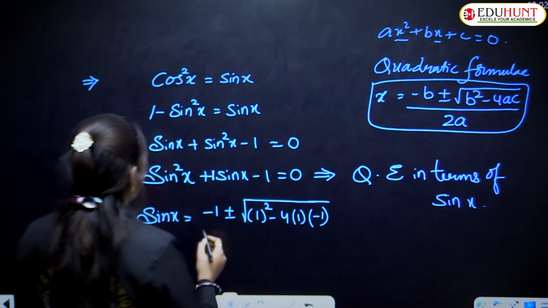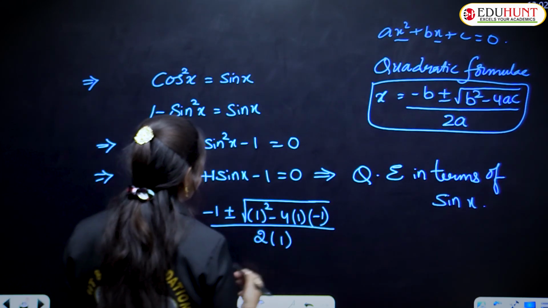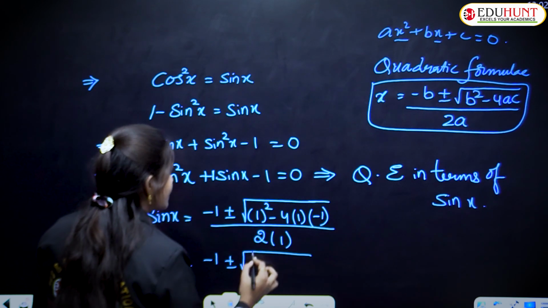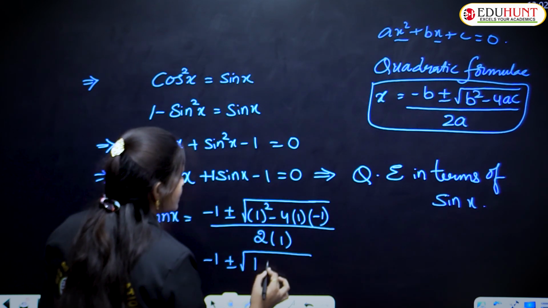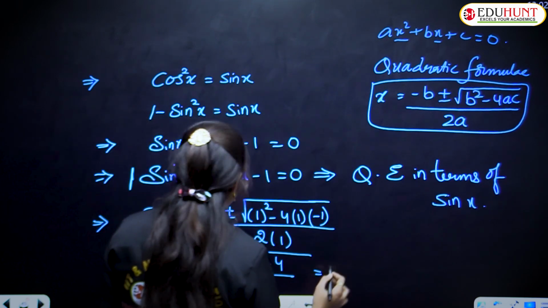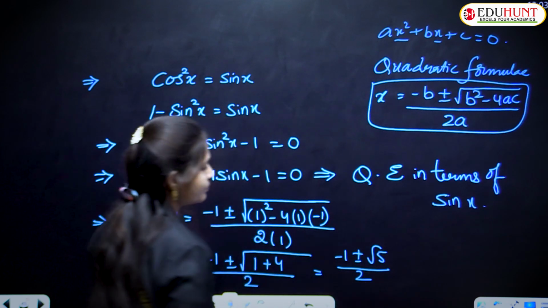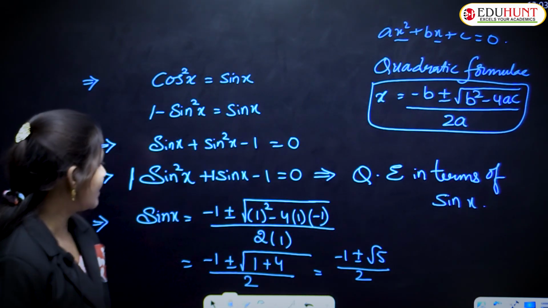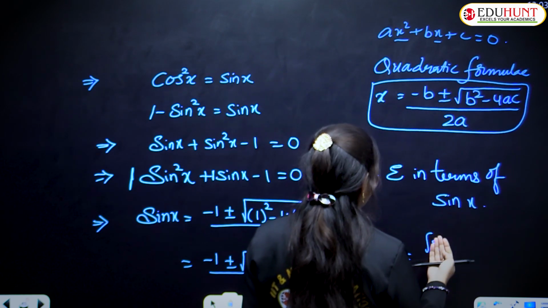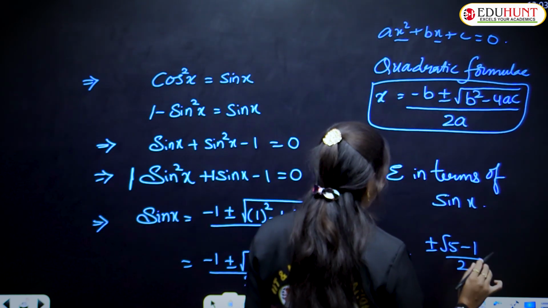Whole by 2 into a, which means 2 into 1. Now minus 1 plus or minus square root of 1 square is 1, minus into minus is plus, 4 into 1 is 4, whole by 2. So which is equal to minus 1 plus or minus square root of 5 by 2, that is, plus or minus square root of 5 minus 1 by 2.